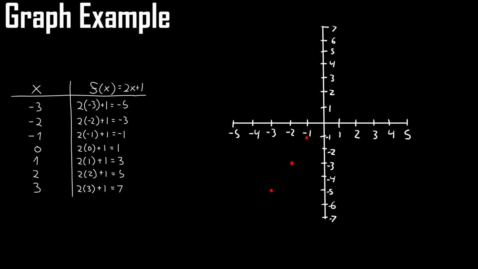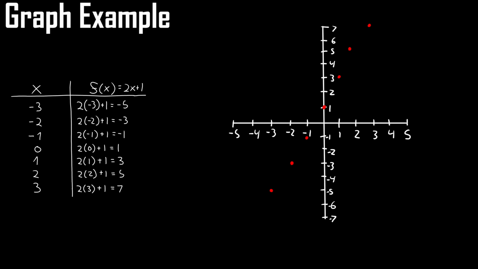So that's right here. Then our next input was 0, which gave us 1 as an output, which is right here. Then we had 1, which gave us 3, so right here. Then 2, which gave us 5. Then 3, which gave us 7.